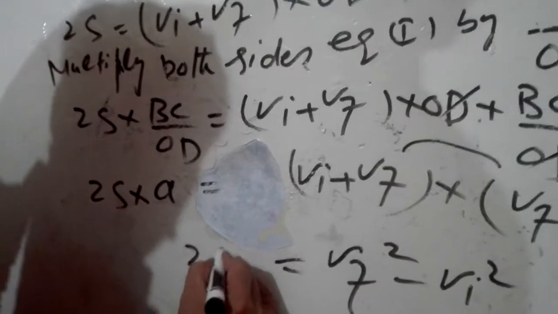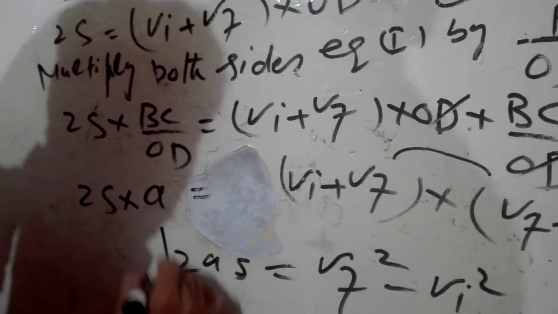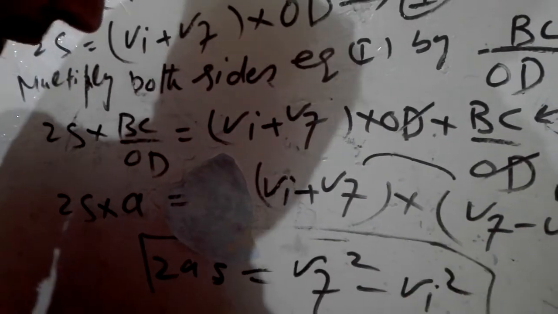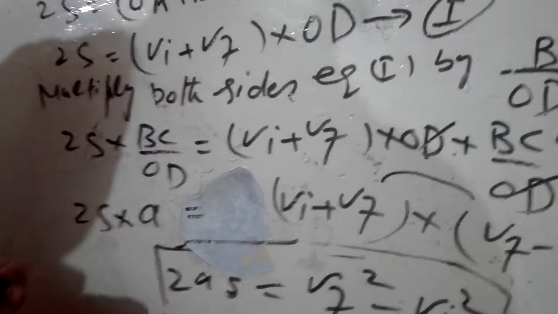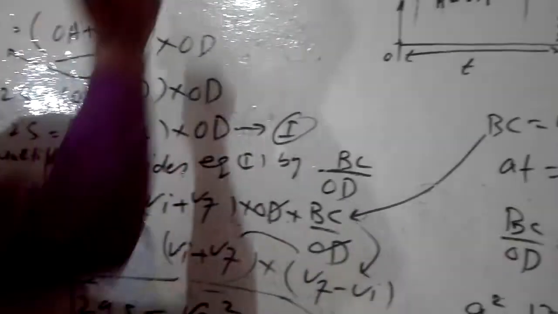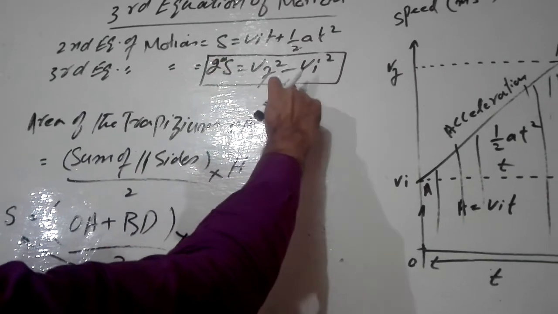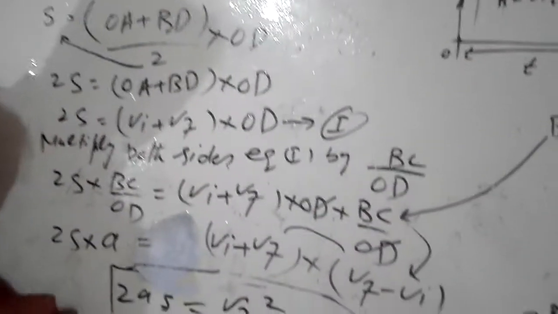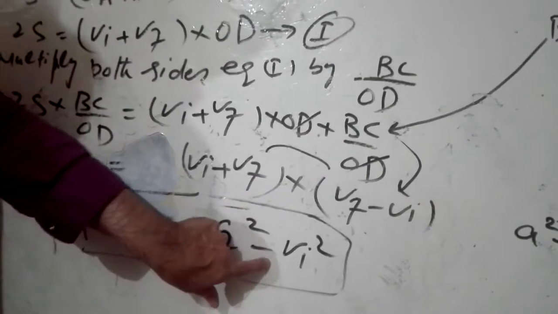You can write this as 2aS. In this way you can prove the third equation of motion. So this is your third equation of motion. What you have to prove: 2aS is equal to VF square minus VI square.